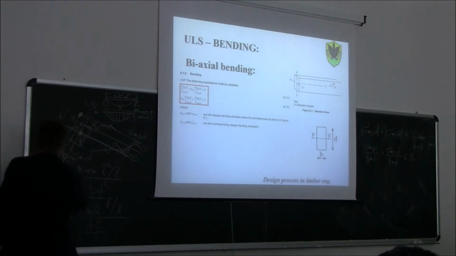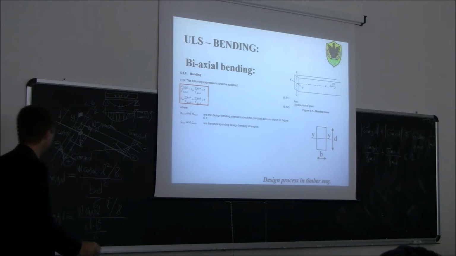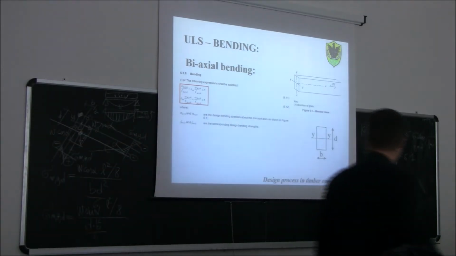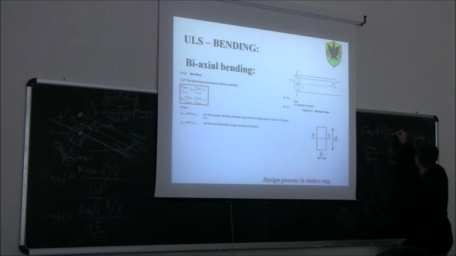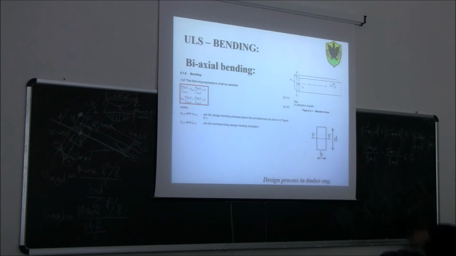So this should be sigma m z d, and here sigma m z d. So we are consistent, actually this is right, because the two axes were called Y and Z, not X and Y.